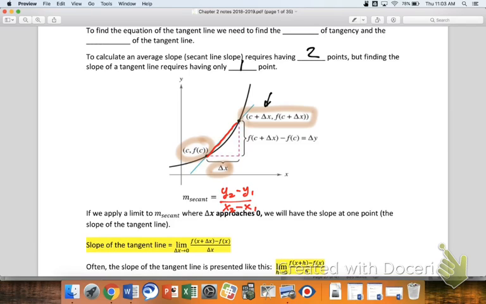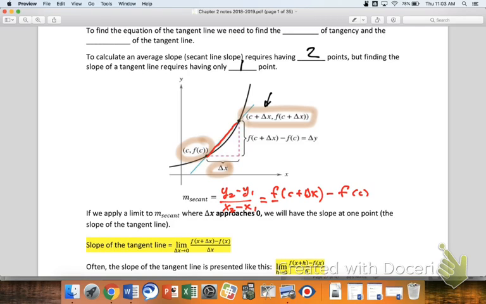We want to get a little bit more specific. Couldn't we say that y2 is really f of c plus delta x, the further along y? And then couldn't we say that y1 is f of c? Make sense?